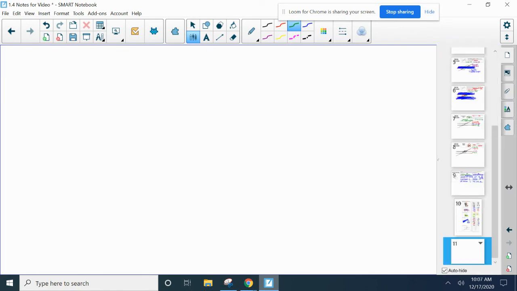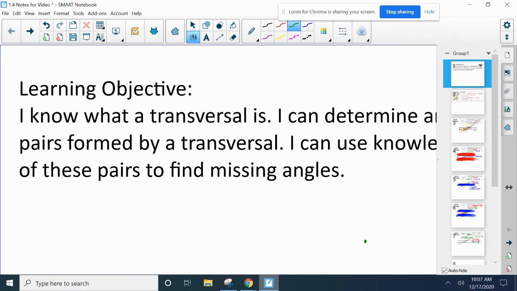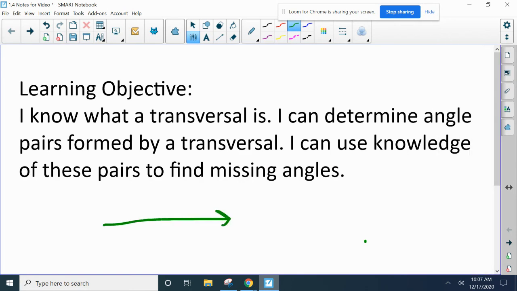So let me just jump back to the beginning. Today we talked about transversals. Transversals are the lines that cut two lines. The two lines, so these green lines, do not have to be parallel. But in order for them to form those supplementary and congruent angle pairs, they do have to be parallel.